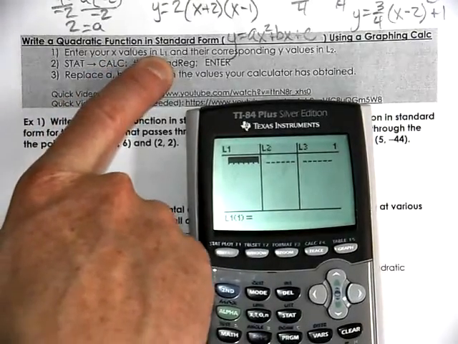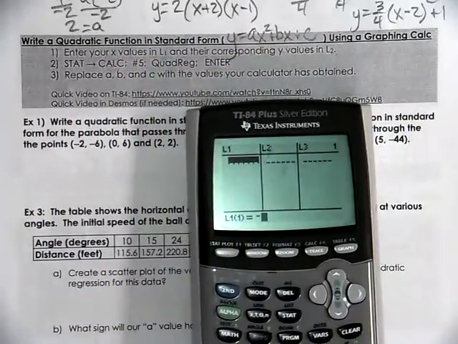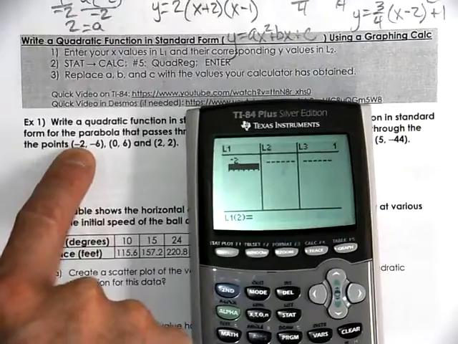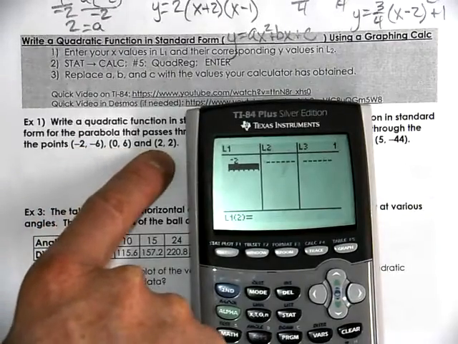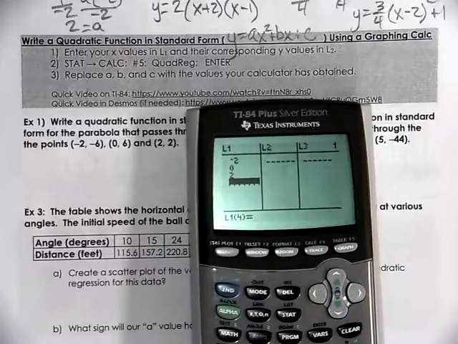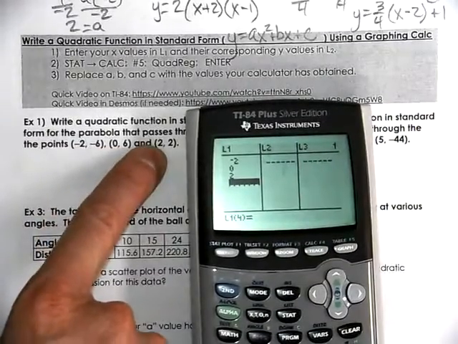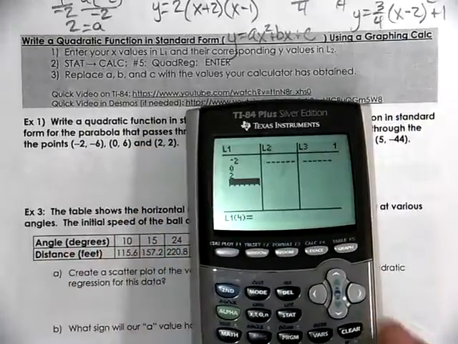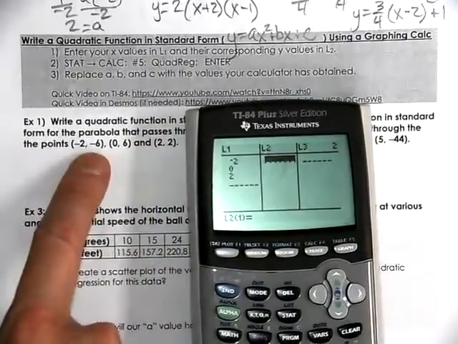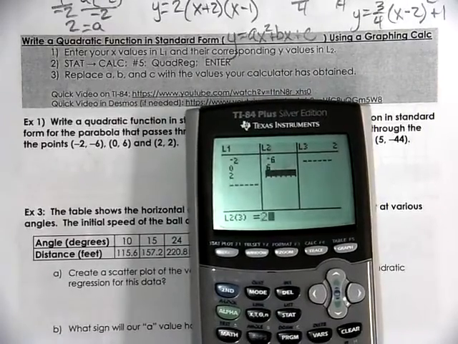Put your list 1 for your x's, list 2 for your y's. So I have an x value of -2, 0, and 2. So those are my -2, 0, and 2 for L1. And my y values are -6, 6, and 2.